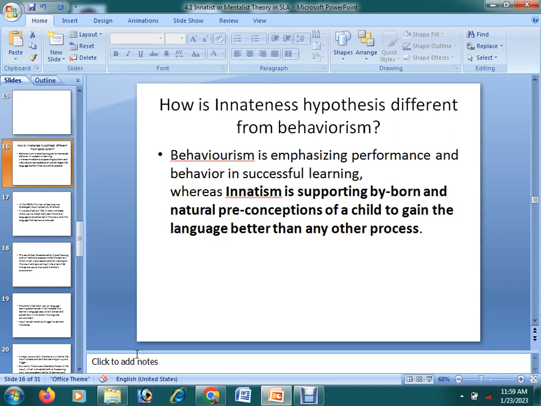A good example I can give: my first daughter started to produce the sound ka. What is ka? On the rooftop of our building a crow came and started making the sound ka, ka, ka. So she tried to accept the sound and imitate that sound.